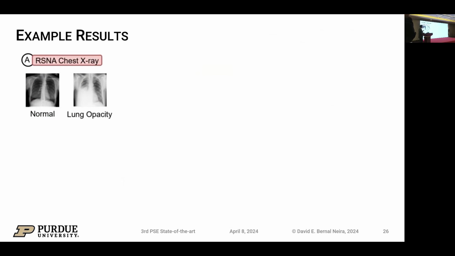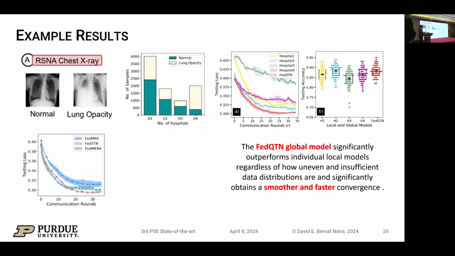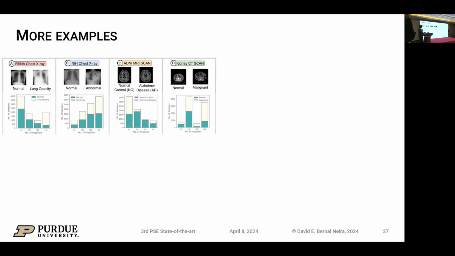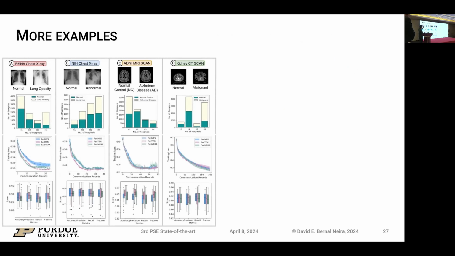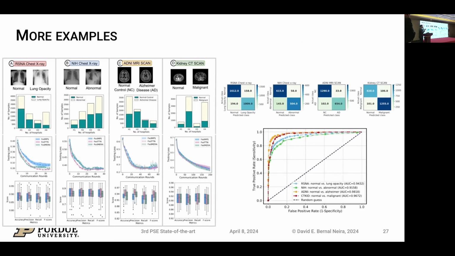Here, a couple of results that show we're doing great. More examples, we saw some other data from Alzheimer's and CT scans of kidneys, and we get similar results. We're able to classify medical images in a private fashion with simulated quantum computers.